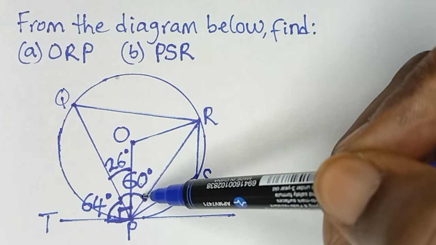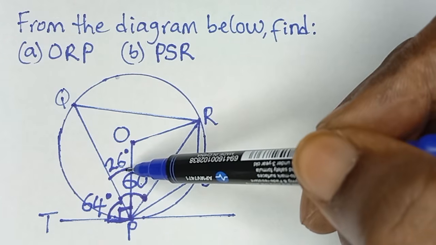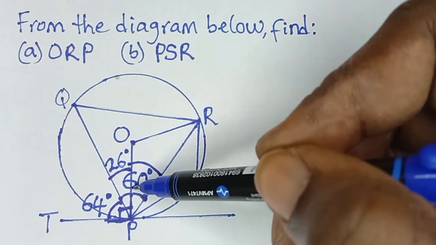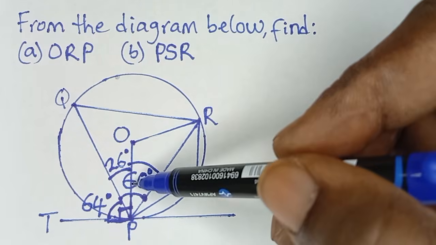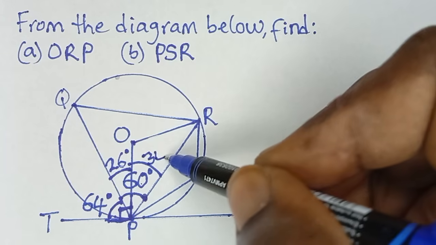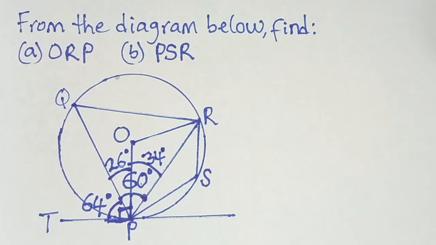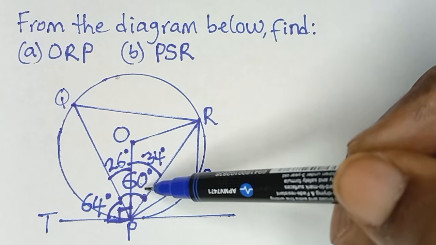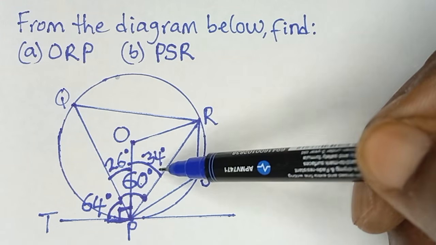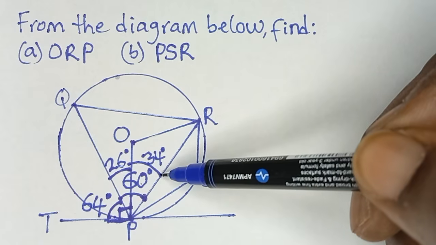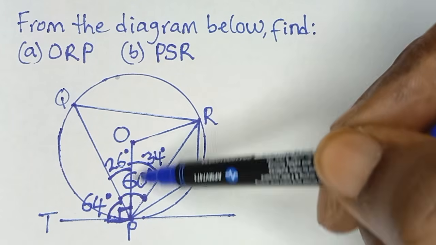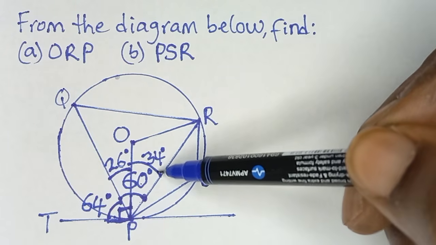So if the whole is 60 and this part of it is already 26, to get the remaining part we have to say 60 minus 26. 60 minus 26 is going to give us 34 degrees. So this angle here is 34 degrees, which is what I've drawn with this line. Don't mind me, I'm going too far upward. I just want to make it clearer. So this angle from this radius line to this line is 34 degrees.